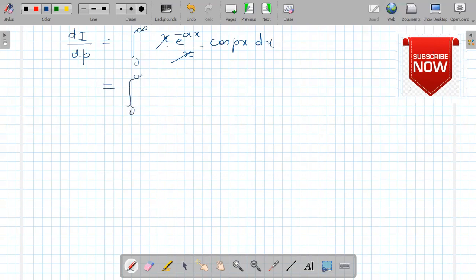So this is now equal to the integral of e raised to the power minus ax cos of px dx.